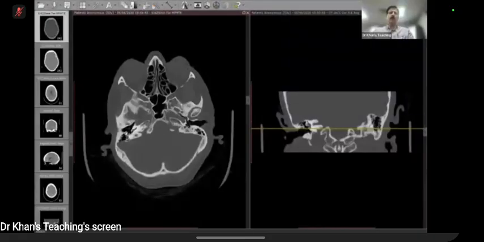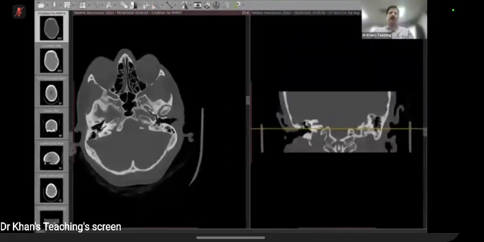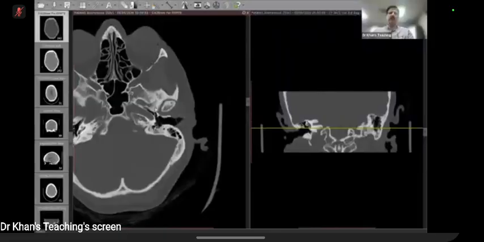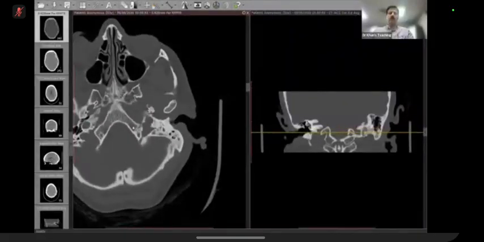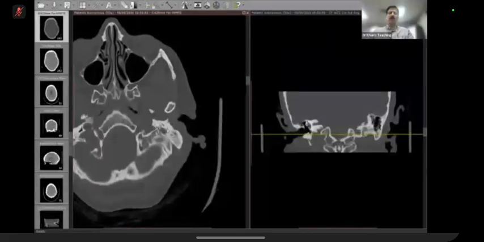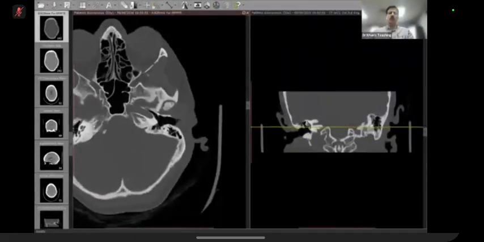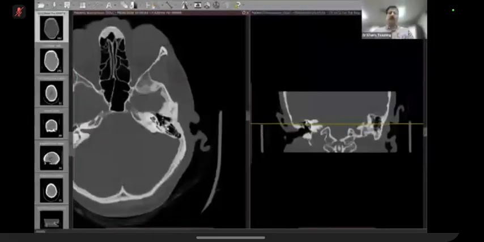Now what we are going to do, we will slightly make it larger and just concentrate on the left side. So if you see here, when you are seeing the temporal bone, my landmark was the cochlea. So this is the cochlea.